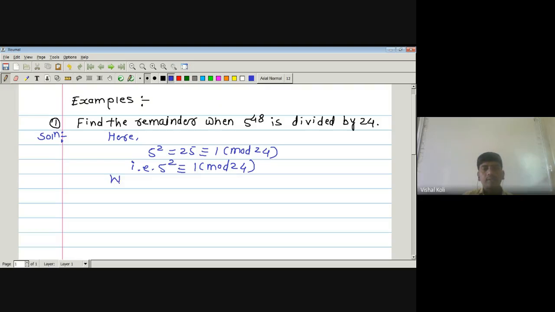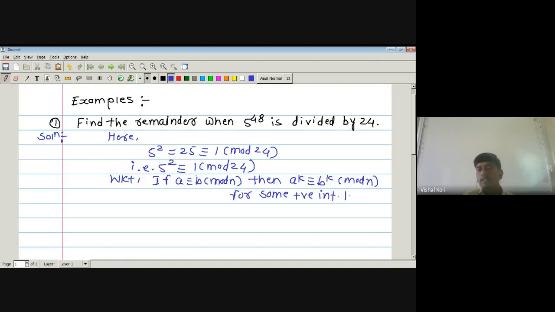We know that if a is congruent to b modulo n, then a to the power k is congruent to b to the power k modulo n, for some positive integer k.